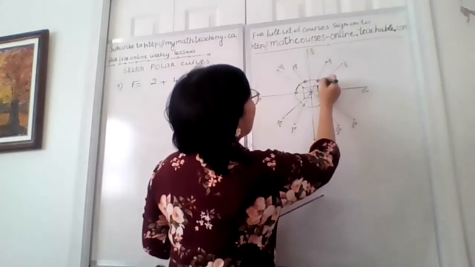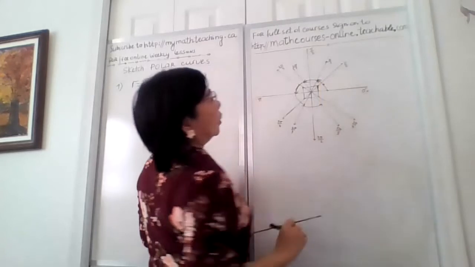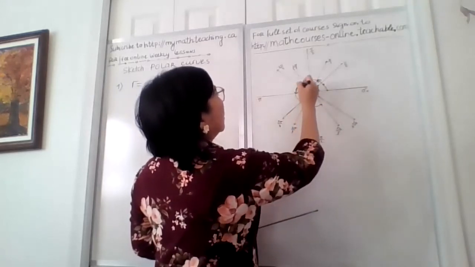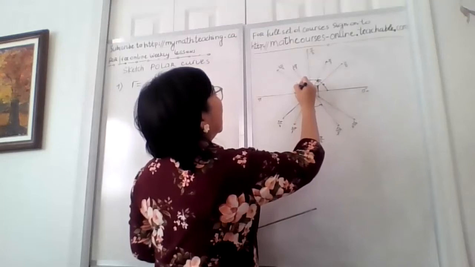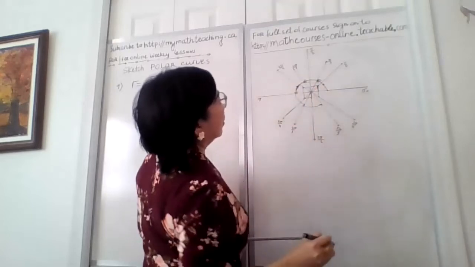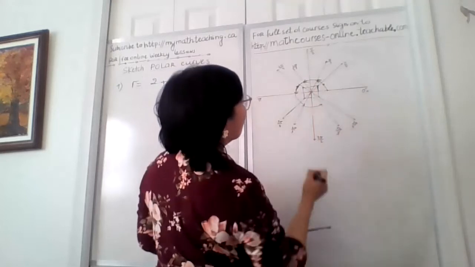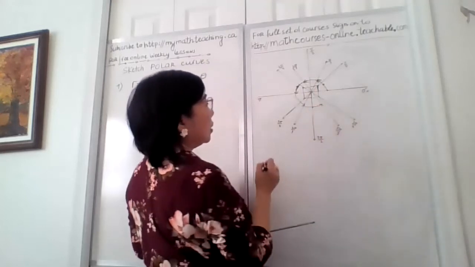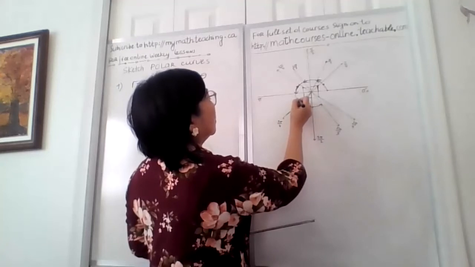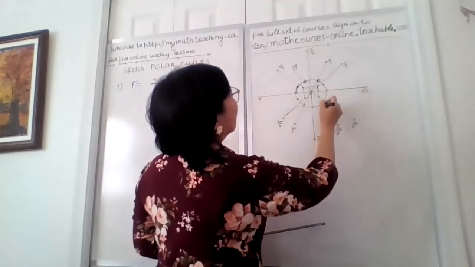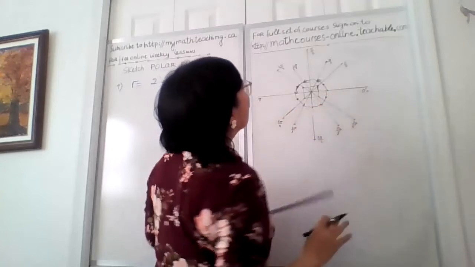So I'm going to divide this angle by half, and mark the dot halfway. As well as this angle will be halfway, and this one, and this one will also be halfway.